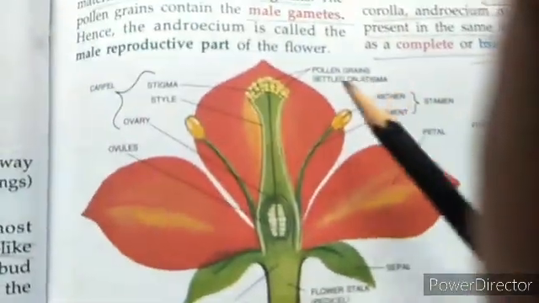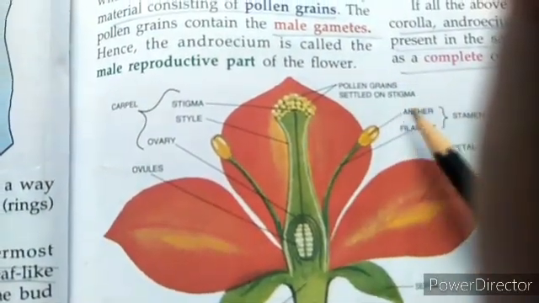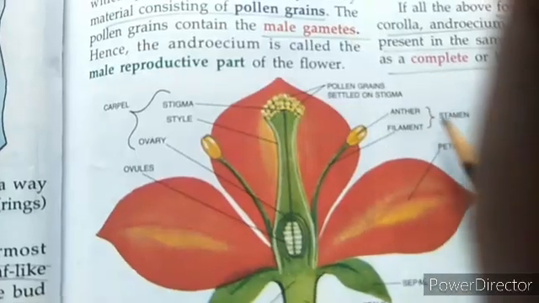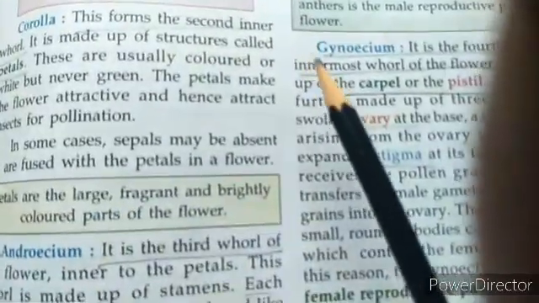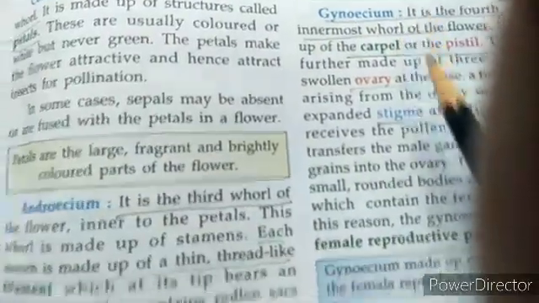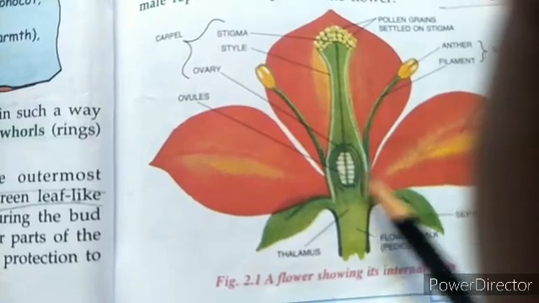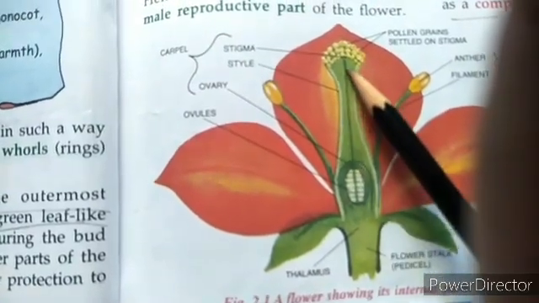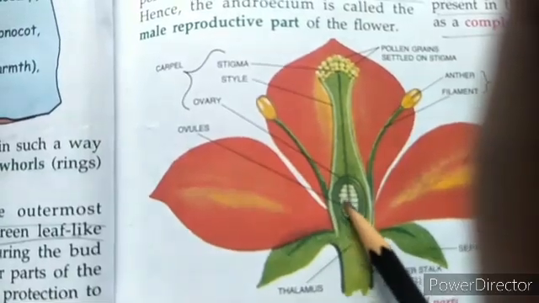Here in the diagram we can see the androecium, with the anthers and the filament known as the stamen. And then we came to the female reproductive part known as the gynoecium, where it has an ovary and a long style, and at the tip there is stigma, and within the ovary there are ovules.